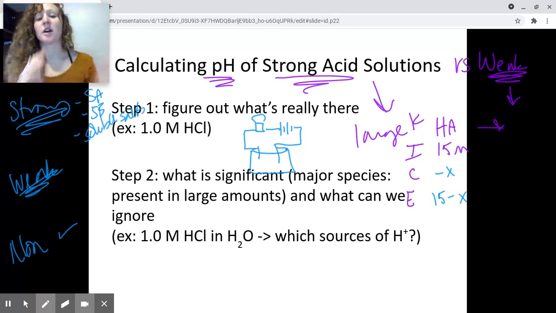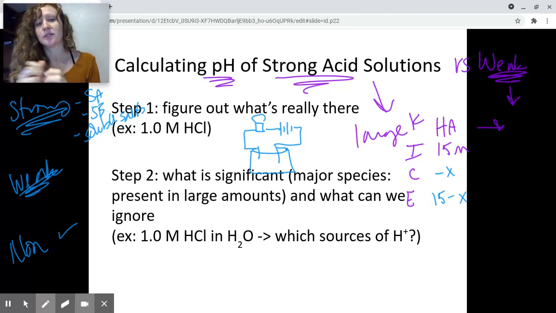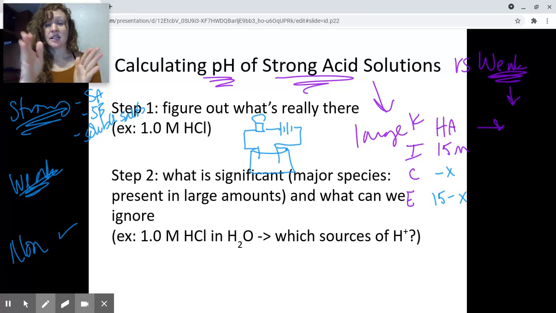All of those are going to, whatever you have initially, all of your reactants are going to react or dissociate completely into ions. All of your initial amount is going to completely form ions. You're going to have lots of ions floating around, lots of things for those electrons to bounce off of. Your light bulb's going to be very bright.